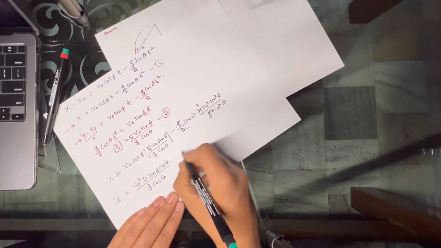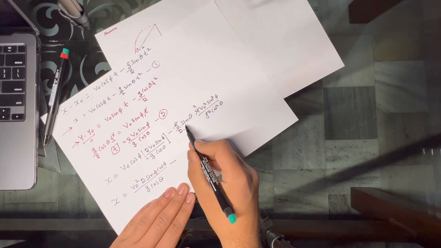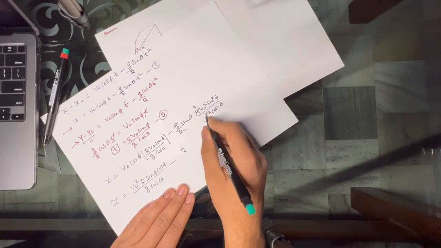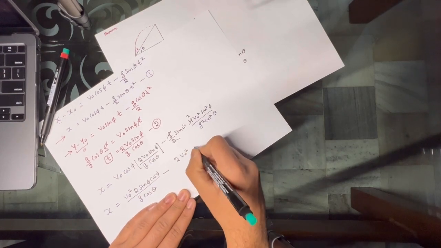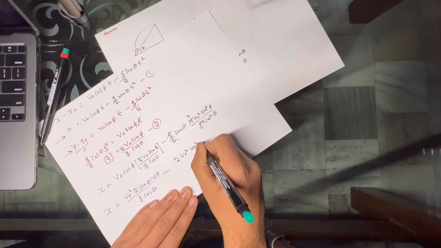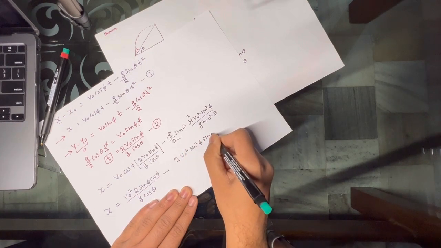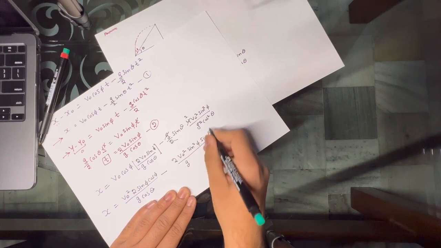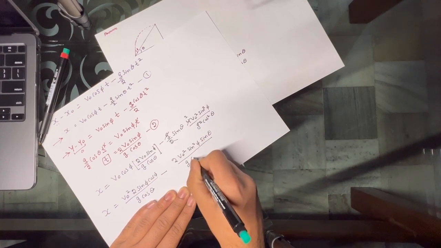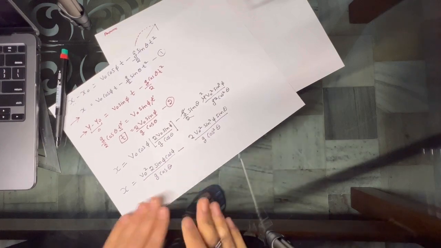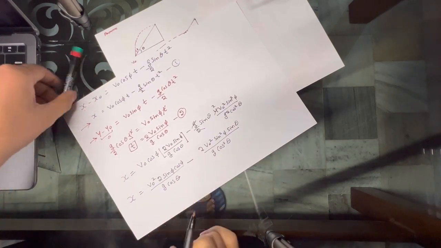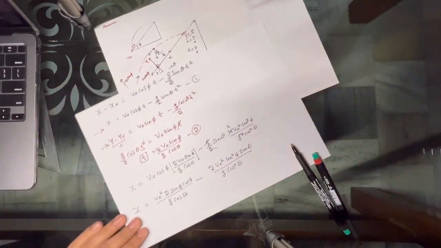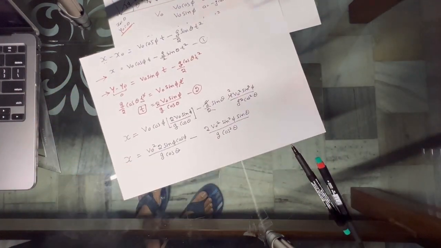Okay, so here we will have 2 v naught square sin square phi into sin theta upon g cos square theta. Okay, I think we are clear till here. Now let's use another page for the clarity.